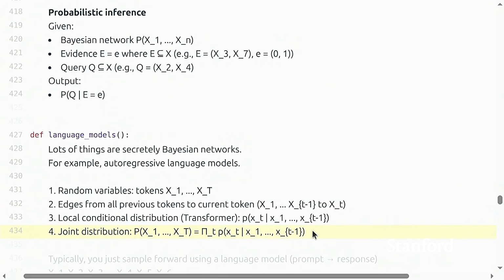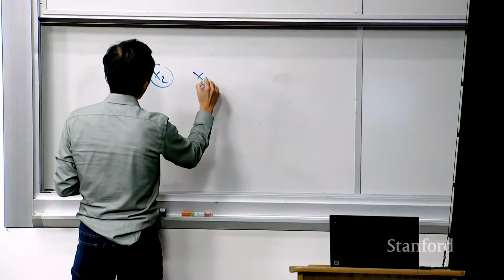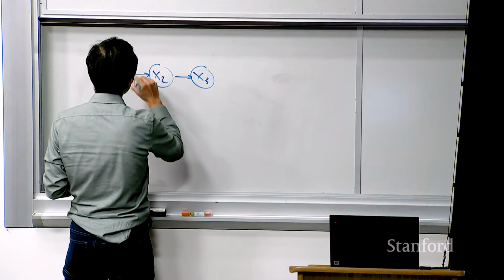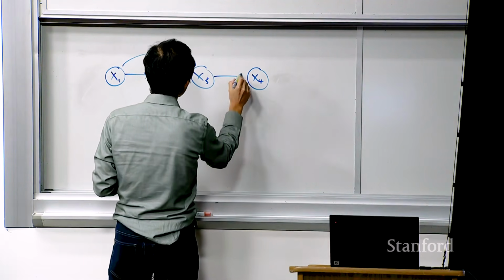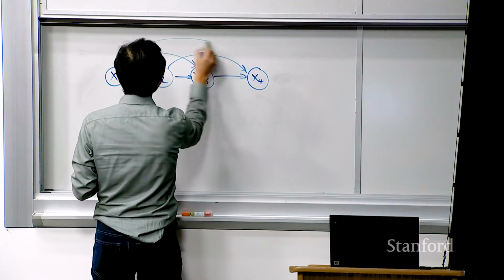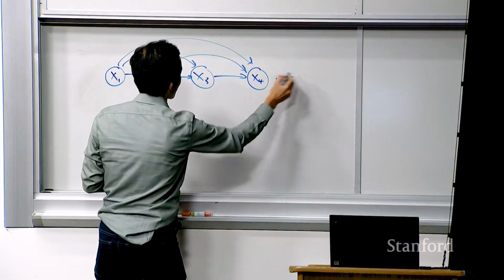If you were to draw the network for a language model, it would look something like this. Every variable is connected to all previous variables, and so on.